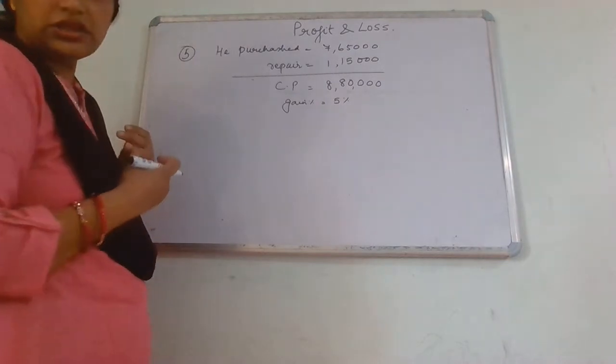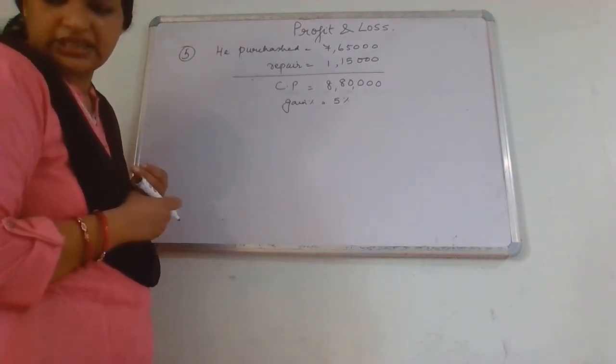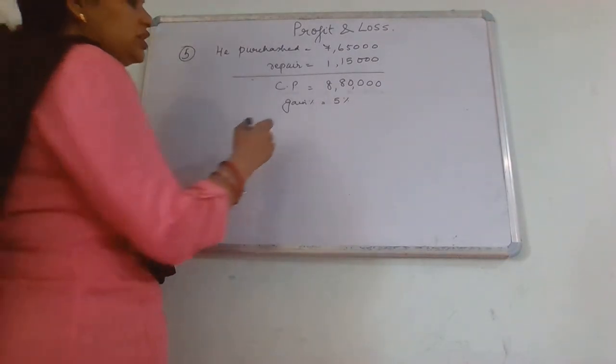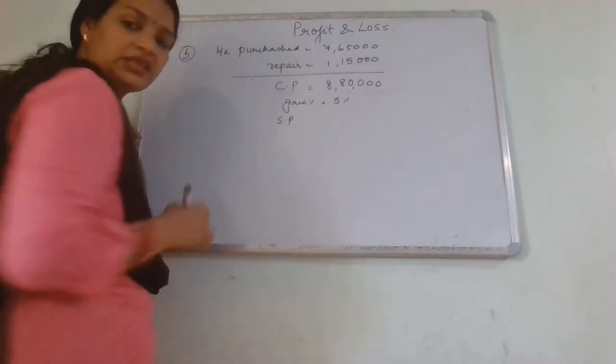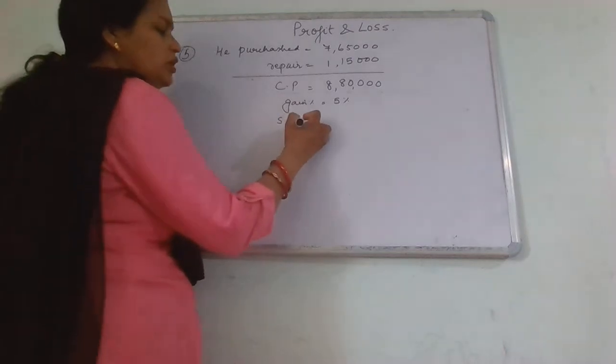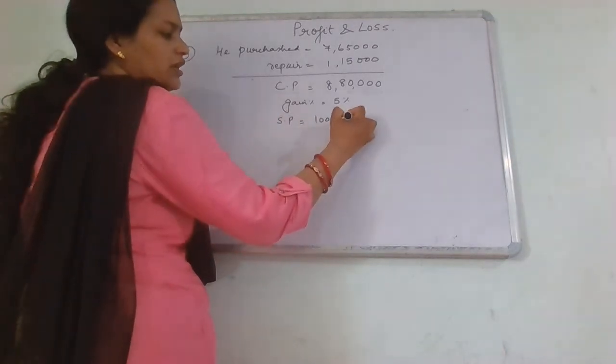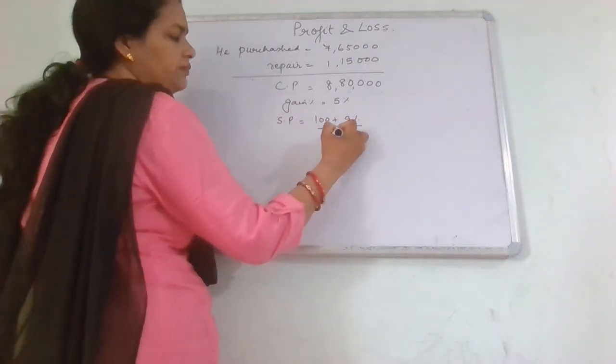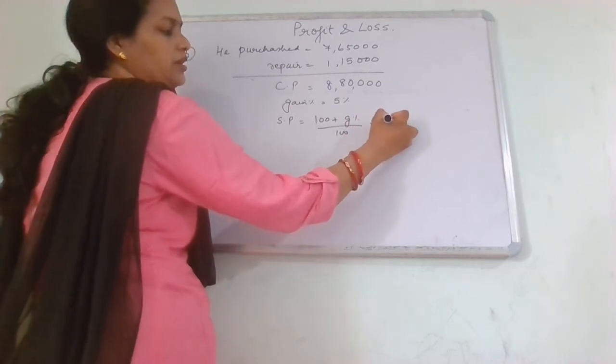Now students, how much did he get? This means you have to find out the selling price. What is the formula for selling price? Selling price is equal to (100 plus gain percent) divided by 100 into CP.